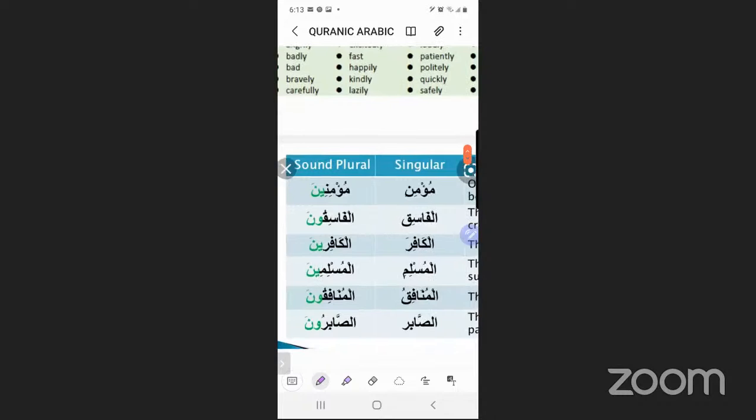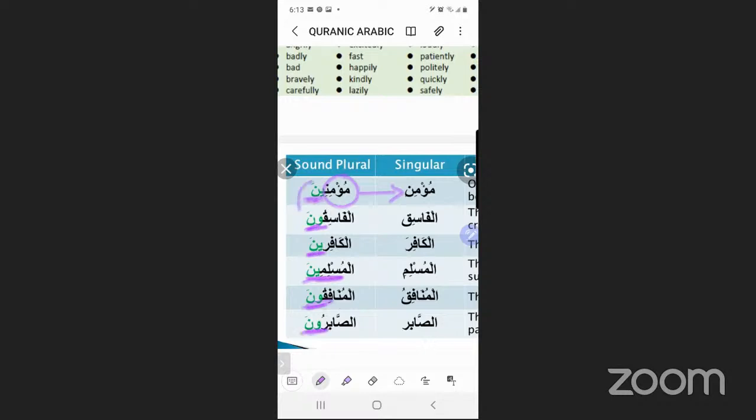But here, as you can see, singular mu'min and sound plural mu'minin. So the main word mu'min was the same. Yes? And in was added, or un is added. Al-Fasiq, al-Fasiqun, al-Kafir, al-Kafirin, al-Muslim, al-Muslimin, Munafiq, al-Munafiqun, al-Sabir, sabirun.